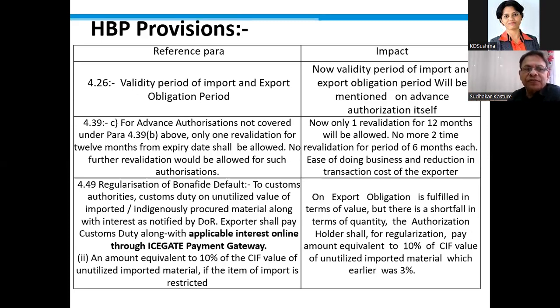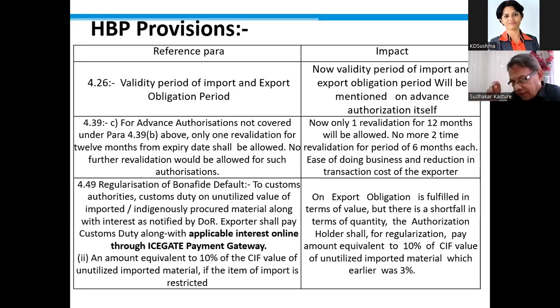Regularization of bona fide default. Applicable interest is paid online through the ICEGATE payment gateway. So this is something that was done. For regularization, pay an amount equivalent to 10% of the CIF value of unutilized imported material.